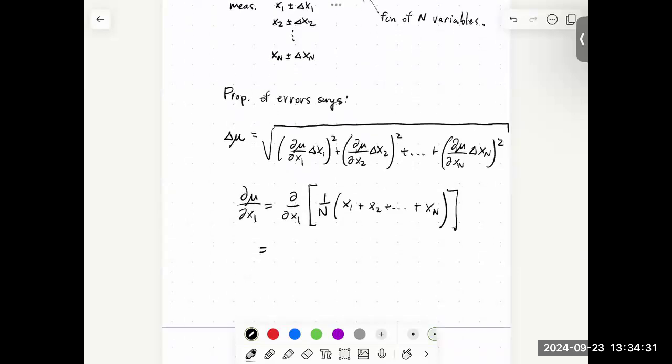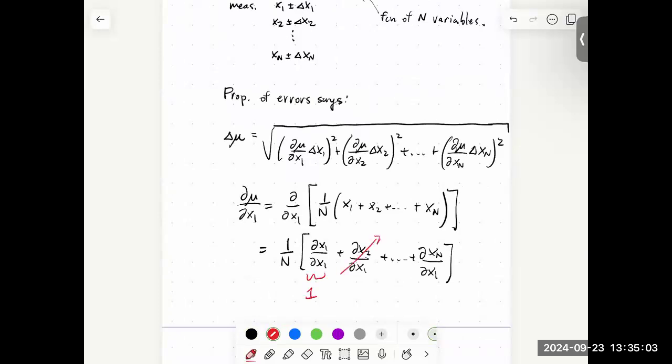So I can distribute the derivative. n is a constant, it comes out front. And so we would just have 1 over n times dx1 plus dx2 with respect to x1 plus dxn with respect to x1. But the derivative of x1 with respect to x1 is just 1.